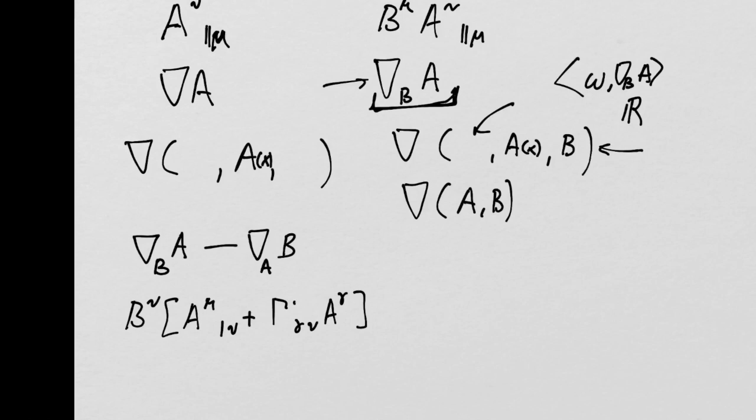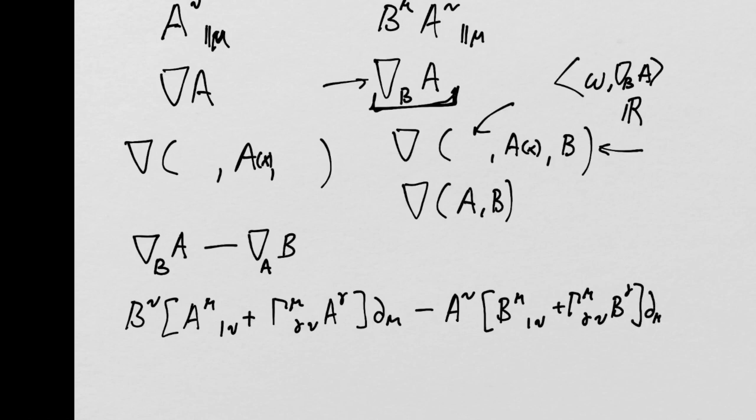Wait a minute. Mu partial mu, like that. Minus, and then I have to kind of do the same thing. A nu B mu nu plus gamma mu little gamma nu B gamma, and then this would be partial mu, right?